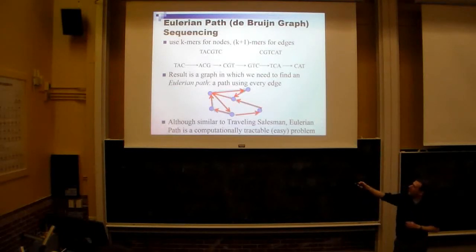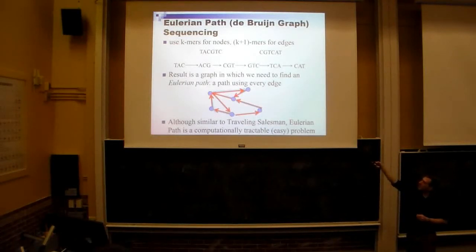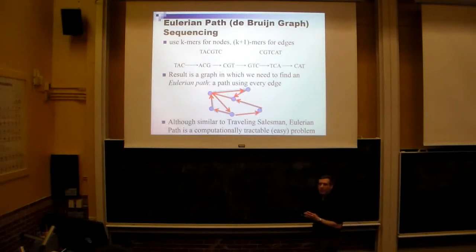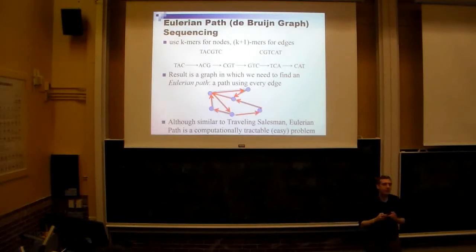But this does have a significant trade-off with respect to repetitive regions of DNA. In particular, this is breaking our fragments into very small pieces. We're typically starting with much shorter fragments than the older technologies anyway. So this will have a much harder time getting around repetitive regions in your genome.